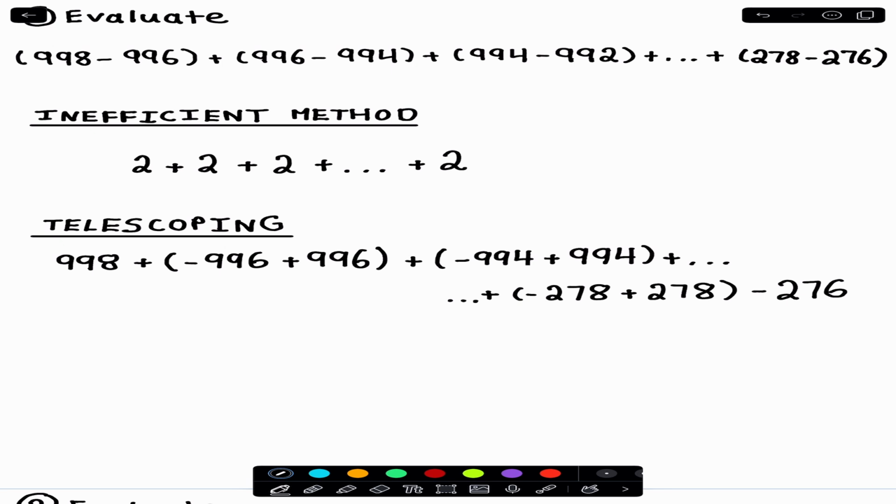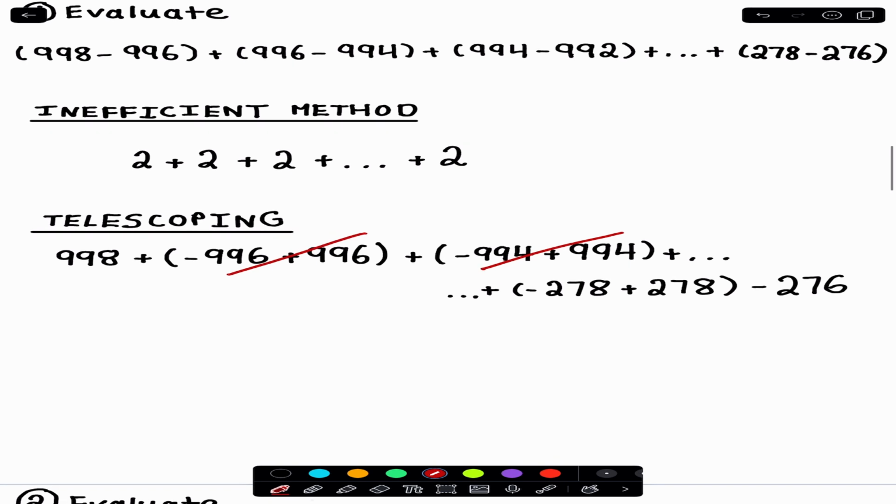Okay, so now here is the magic. Negative 996 plus 996 equals 0. A very important number. 0 just means nothing. So this is going away. That's 0. Everything is 0, actually, including this term, except for the first term and the last term.